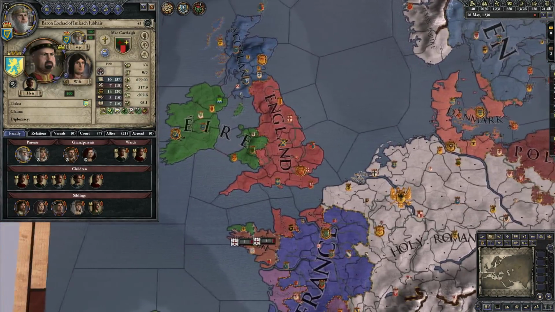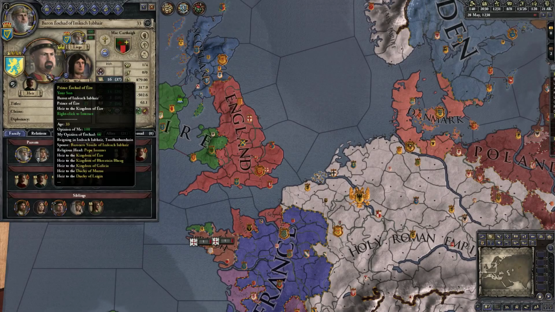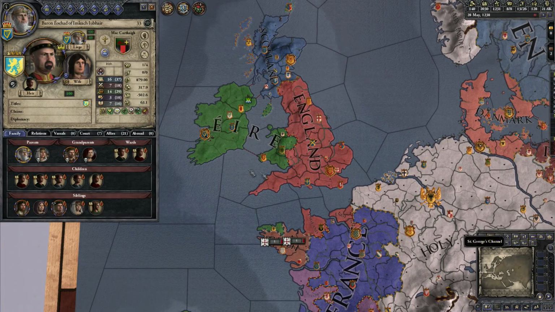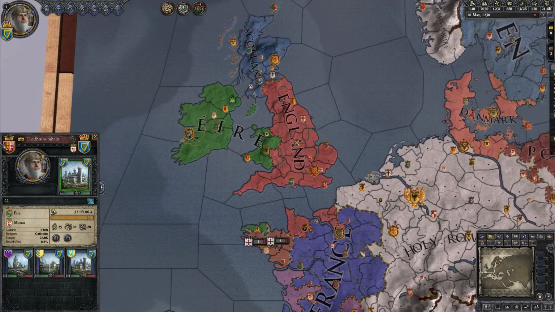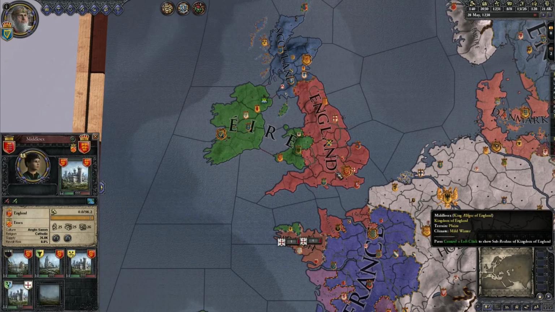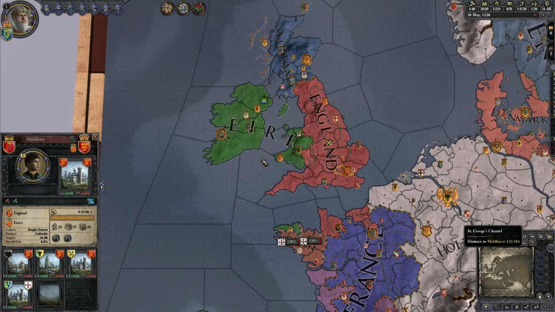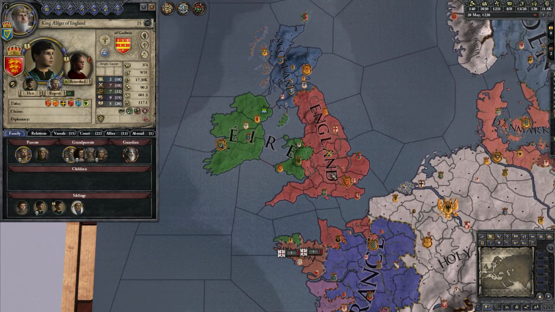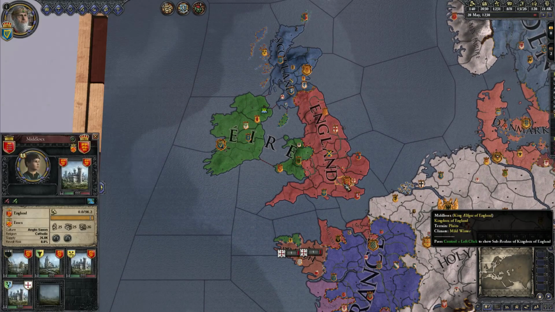Well, he's my heir, so he'd probably be king at that point. So his daughter would then be the sole, what is the word, claimant or heir of Ireland, and her husband would be the king of England. Provided that they have a kid, that kid would be due to inherit both kingdoms and all of the lands that come with it. So that is also a way to do it.